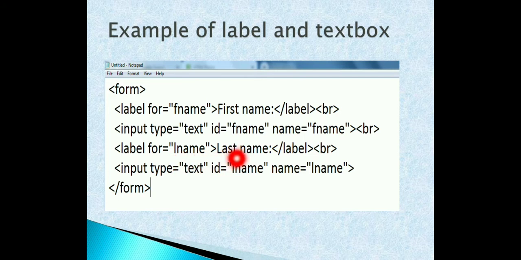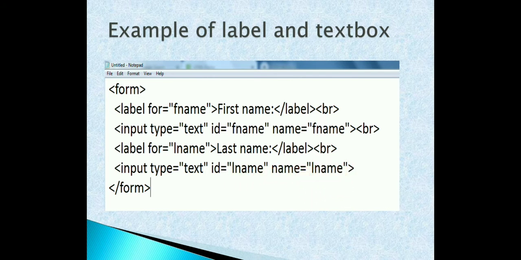After that I'll define here the last name and then close the label and the break tag, and after that here I have defined one text box. Input type is equal to text, ID is equal to lname, name is equal to lname. You can define any value inside the ID and the name for your reference.